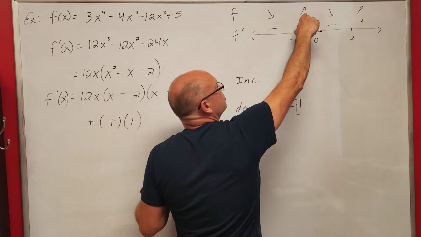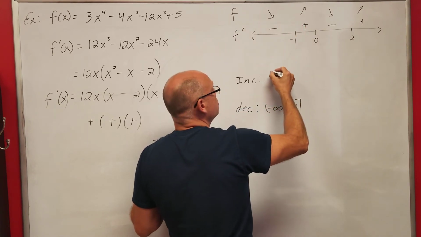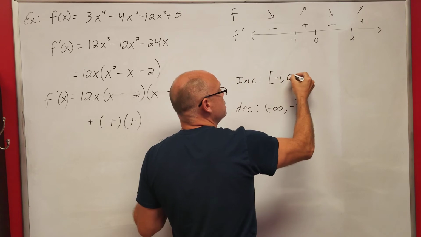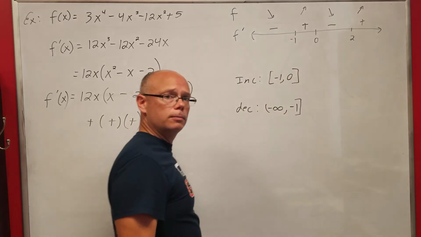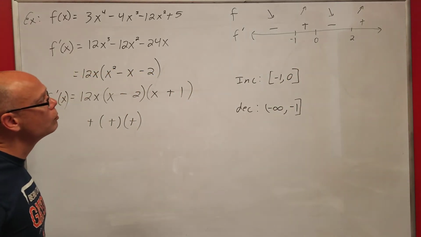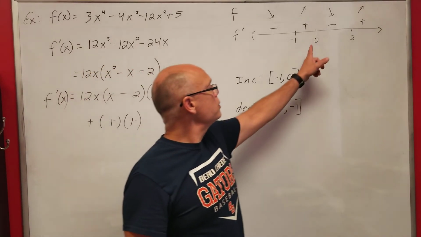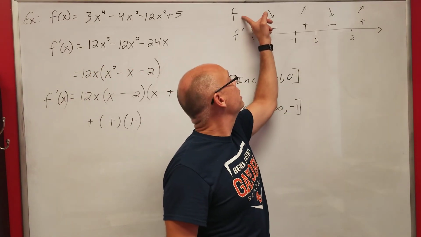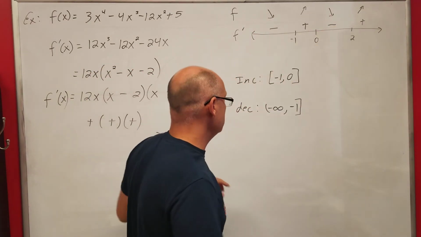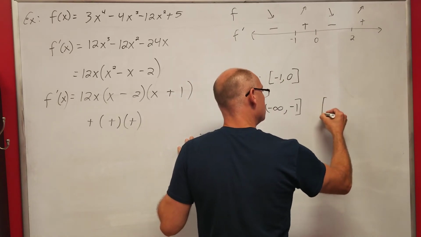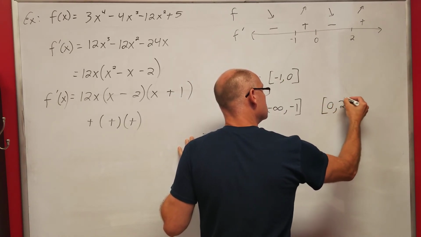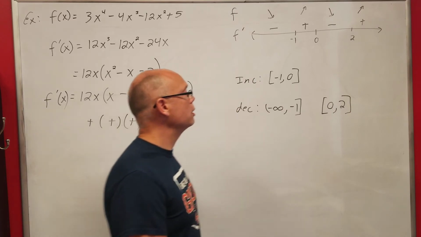F is what? Increasing. So for negative 1 to 0, f is increasing. What happens from 0 to 2? F is what? Decreasing. So from 0 to 2, f is decreasing.